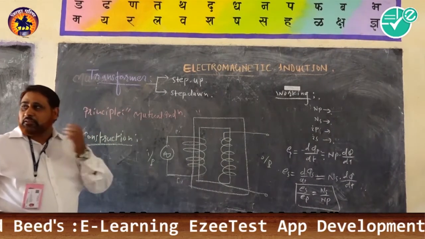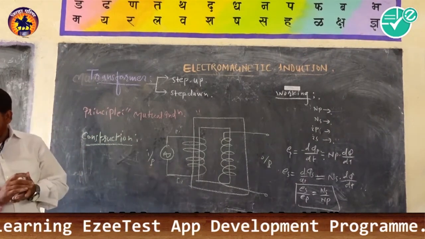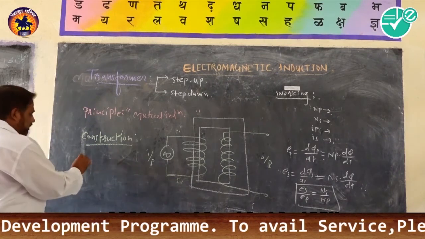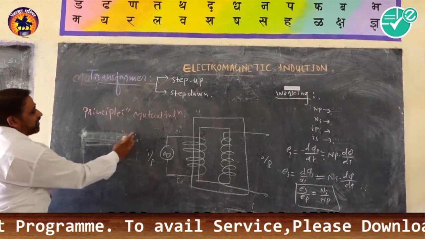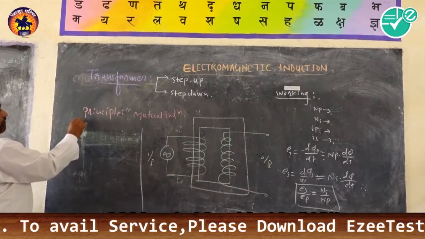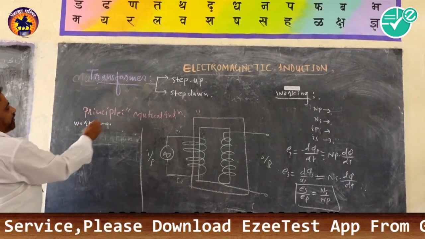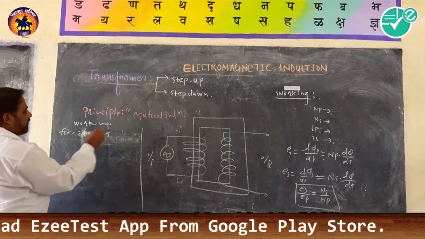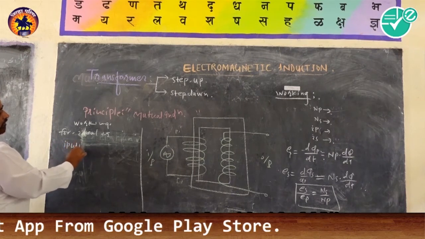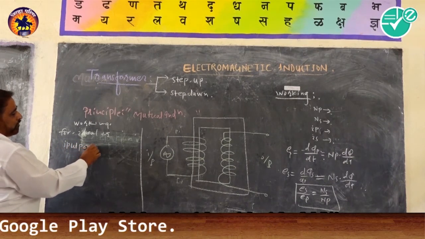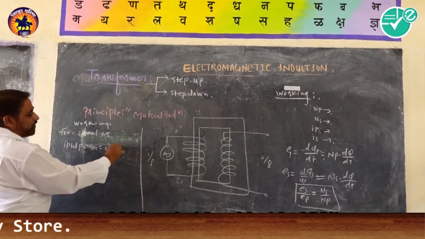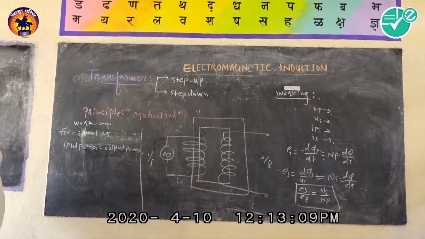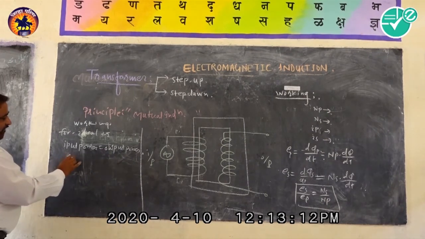Now once again, the ideal conditions are to be considered here. For an ideal transformer, the input power is equal to the output power. What is the expression for power?